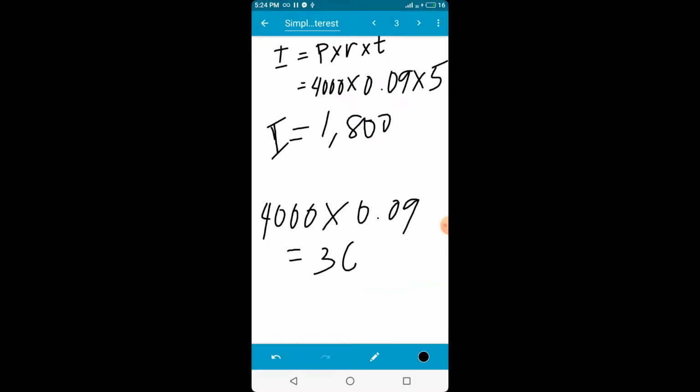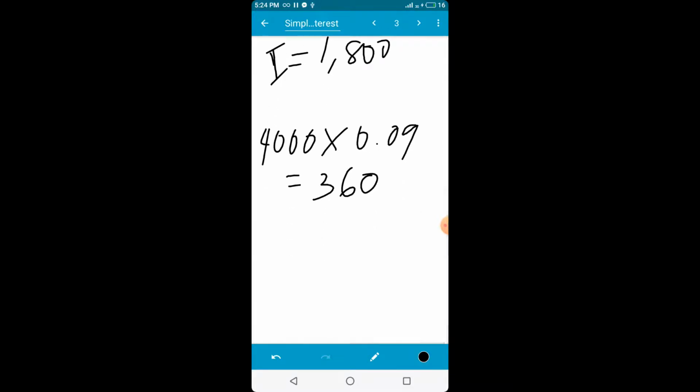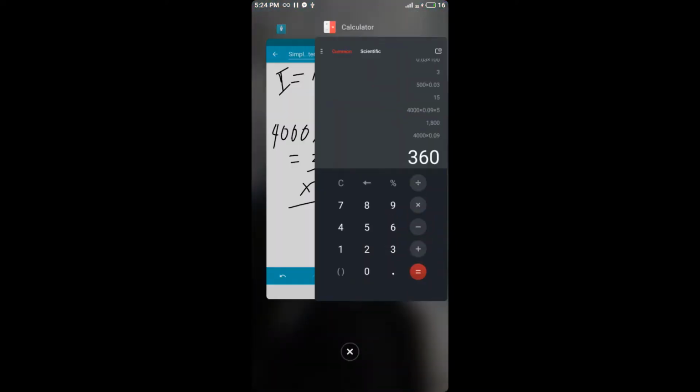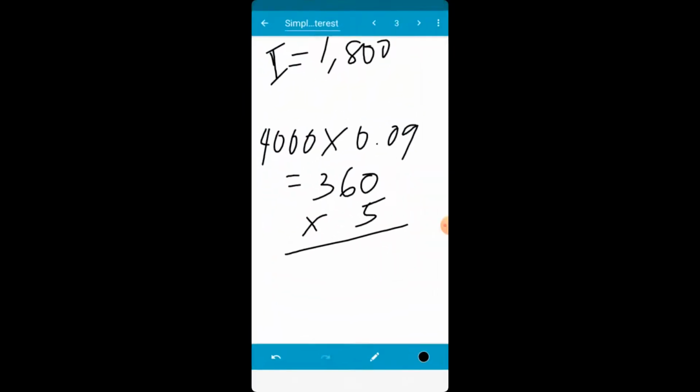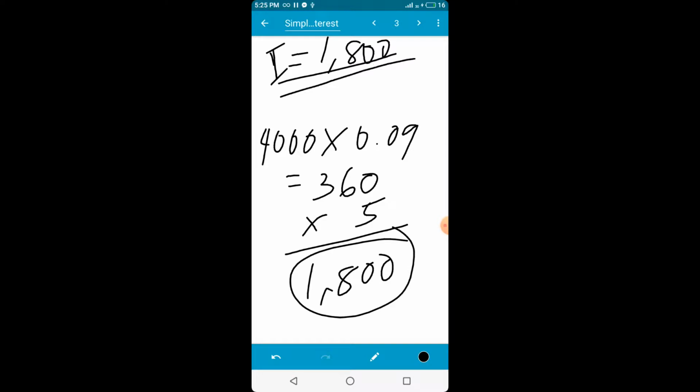So that 360 is the interest amount, or profit, per year. Since she invested for 5 years, we just multiply that 360 profit every year by 5. So, 360 times 5. We have the same answer, 1,800. So, our answer is the same as earlier.